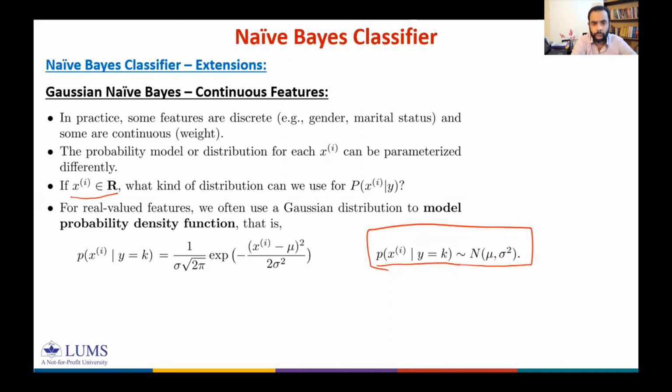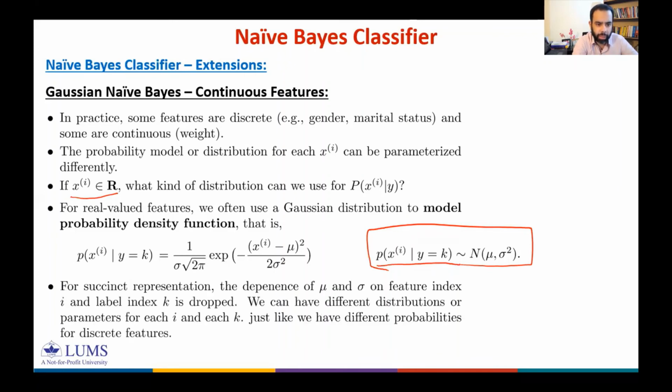If you note here, I have not indicated the dependence of mu and sigma on i, for notational convenience. But for each i, we will have a different value of mu and a different value of sigma squared, because mu quantifies the mean of the distribution and sigma quantifies the spread of the distribution.